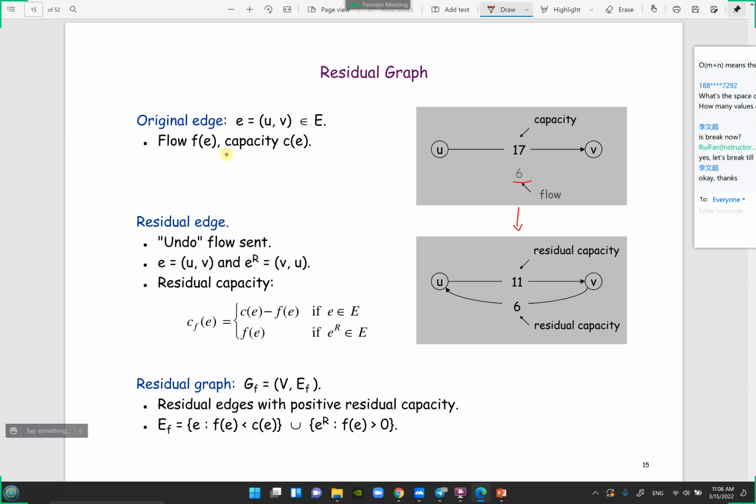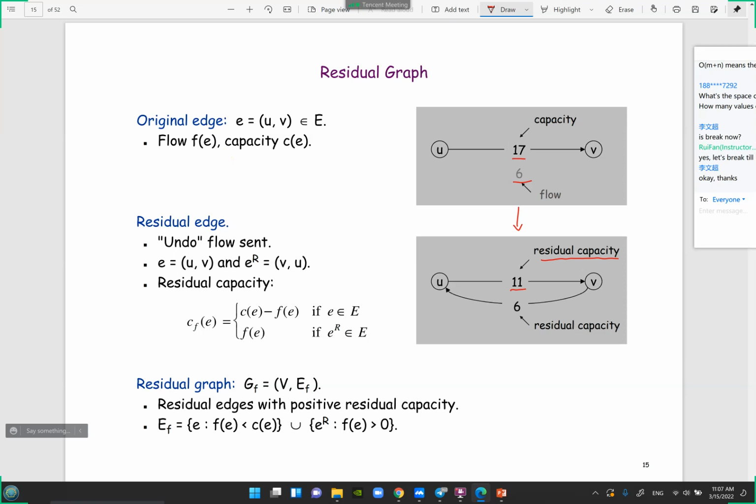The forward direction says how much more flow can you put onto this edge. Currently we have a capacity of 17 and we've only put 6 flow onto this edge, so you can put 11 more units of flow onto this edge. So going from U to V, we have a leftover capacity of 11 units.